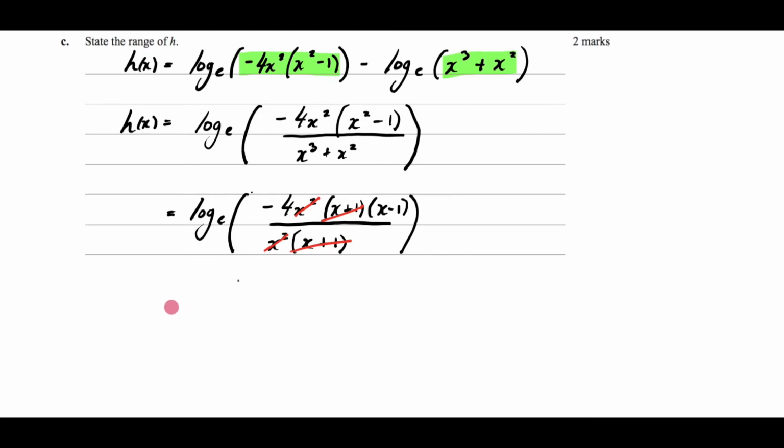All right, so that means what I'm going to be left with here is log e -4 x minus 1. That's what I have. Perfect. All right, let's highlight that. That is my h of x. Now, let's give that a graph. So let me again use the power of technology to do this.